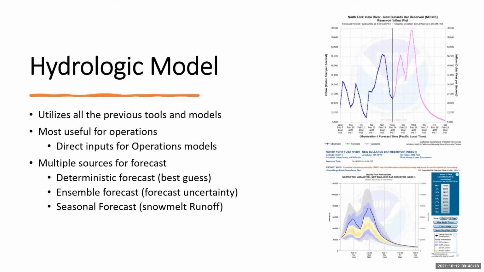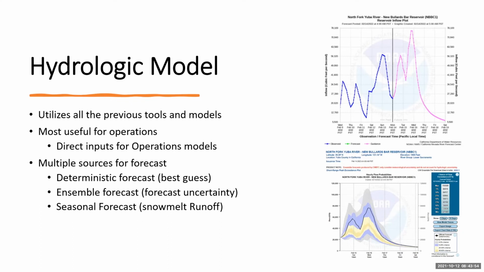The hydrologic model products that come out utilize all the previous tools and models mentioned before. It's most useful for operations as it's typically the direct input to our operational models. We have multiple sources of forecast for different means, such as the deterministic forecast, which is often used for the near-term forecast and flood operations.